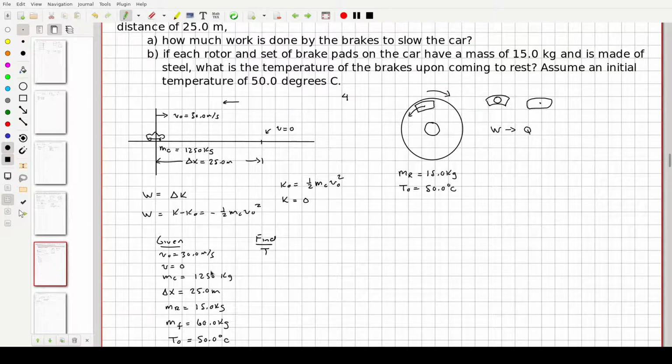Okay, so how much work for part A is done in slowing the car down? Well, the work here is minus 1/2 M sub C V naught squared. Why is it negative? Well, it's slowing down. We're taking energy away from the motion.